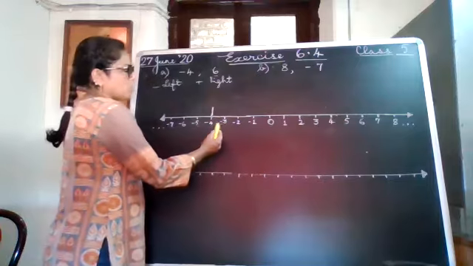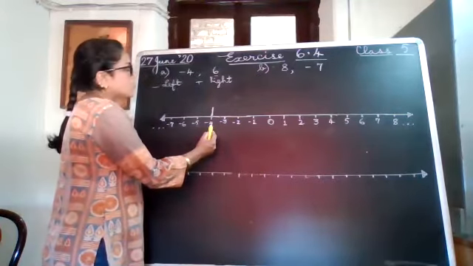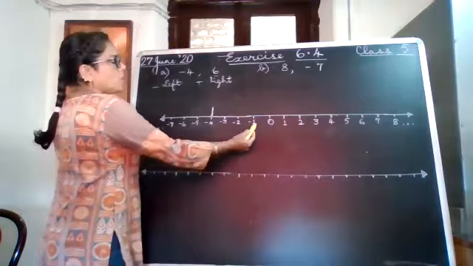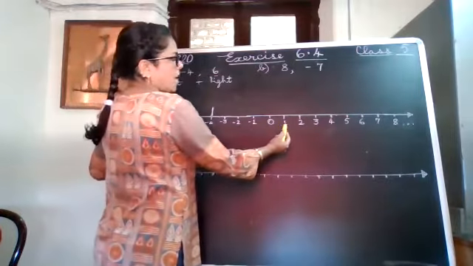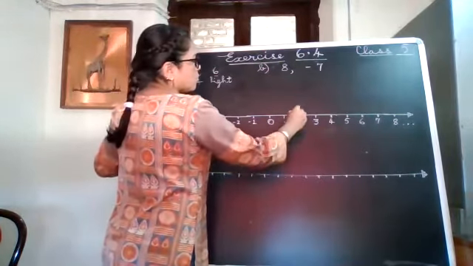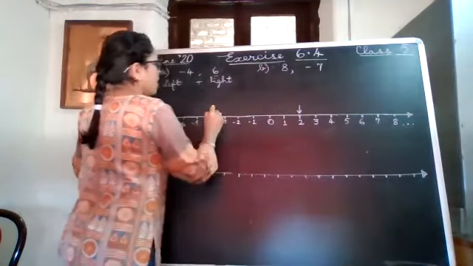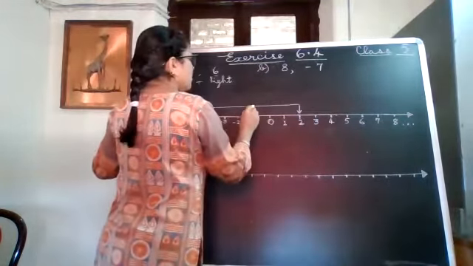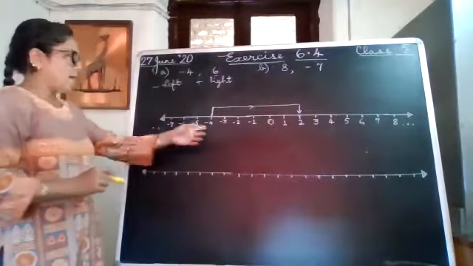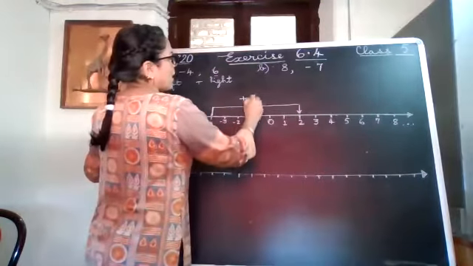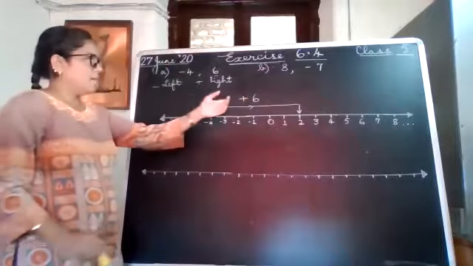So let me count. You don't need to count this minus 4. After that, you start counting: 1, 2, 3, 4, 5, 6. So where will you reach? 2. So you put an arrow here and you show that you have moved these many places. From minus 4, you have moved 6 places to the right to show plus 6.